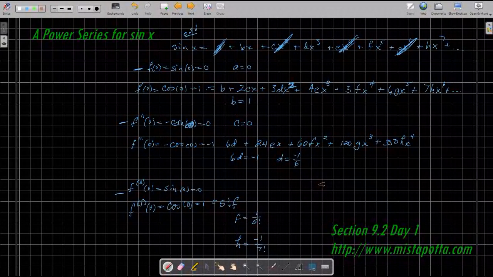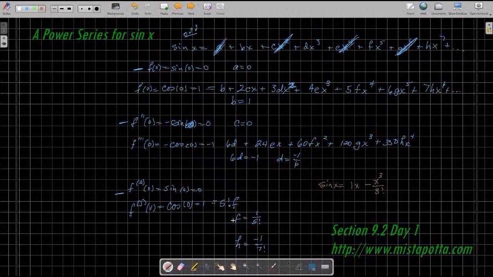So the sine of x ends up being equal to the first odd term, which is 1x. And then the second odd term is negative 1/6. That's really minus x cubed over 3 factorial.